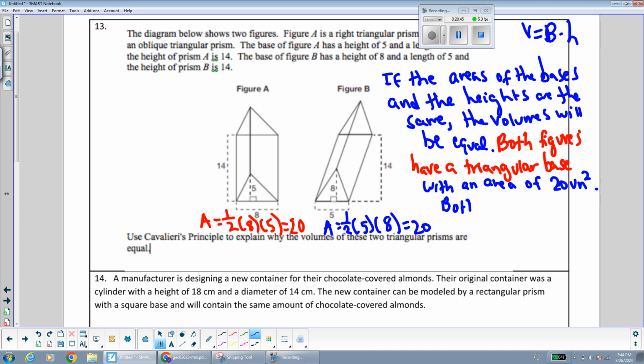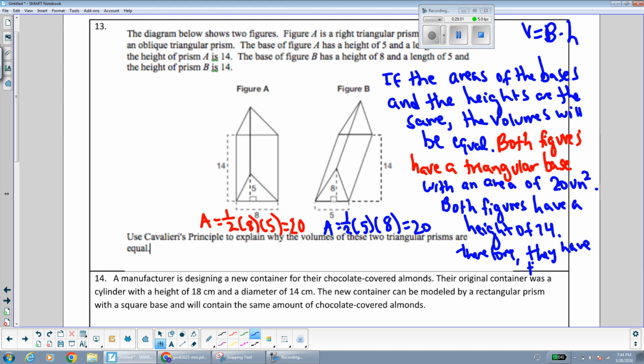Both figures have a height of 14. Therefore, they have the same volume.